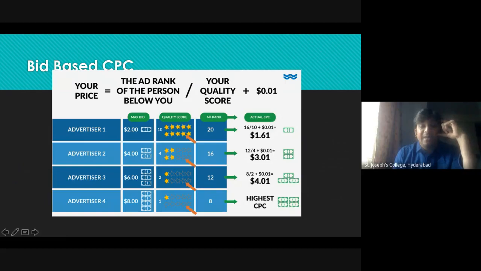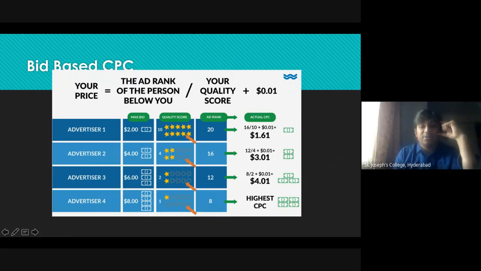So how do you calculate the actual CPC? This is not the bid amount the company pays in the bid-based CPC platform. So what is the actual CPC? This is the formula: the ad rank of the person below you, the next bidder, that is 16, divided by your quality score, that is 1.6, plus 1 cent.